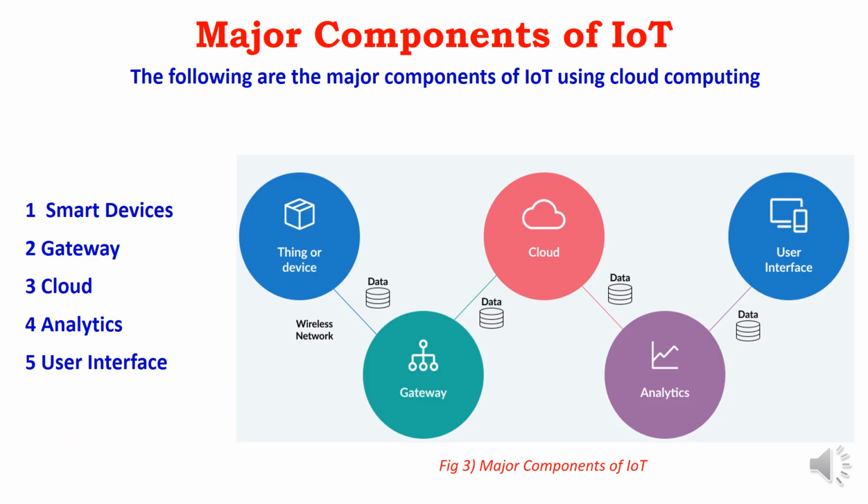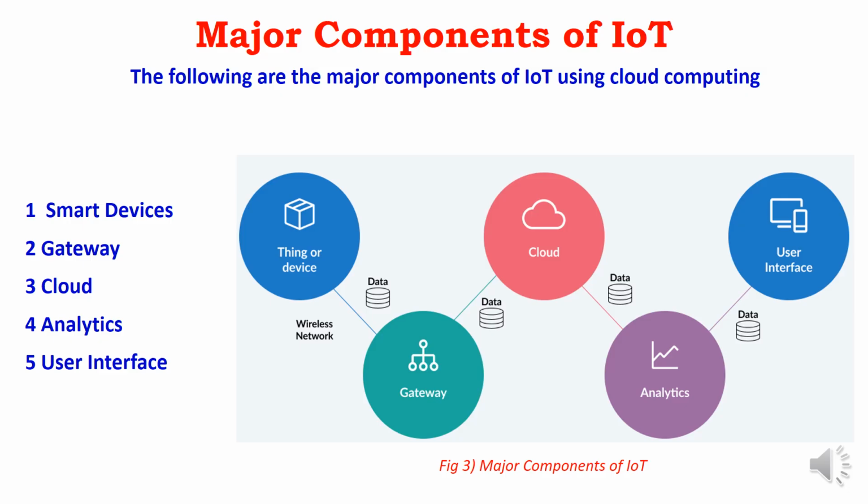Major components of IoT. The following are the major components of IoT using cloud computing. They are smart devices, gateway, cloud, analytics, and user interface. The devices having sensors collect data.